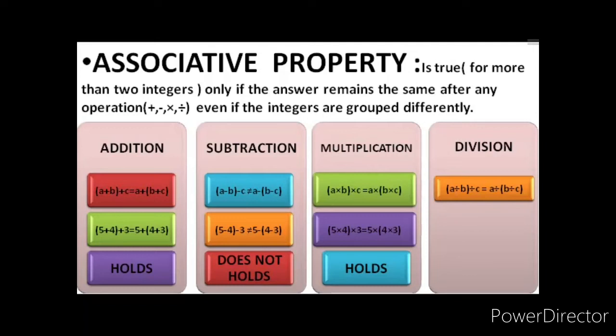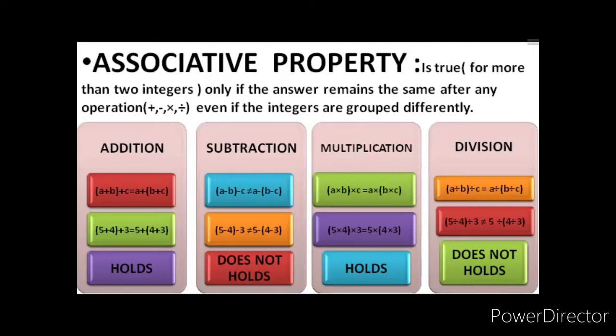For example, (5 ÷ 4) ÷ 3 is not equal to 5 ÷ (4 ÷ 3). Therefore, the associative property does not hold true for division. Thus, the associative property holds true for addition and multiplication.